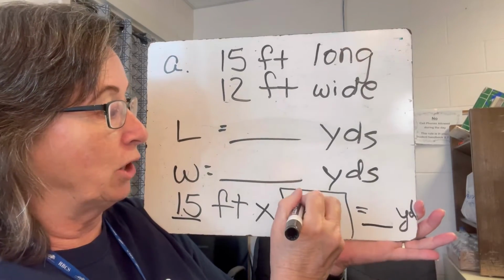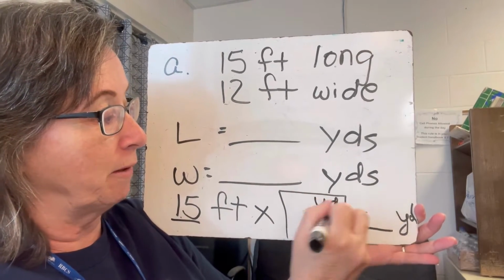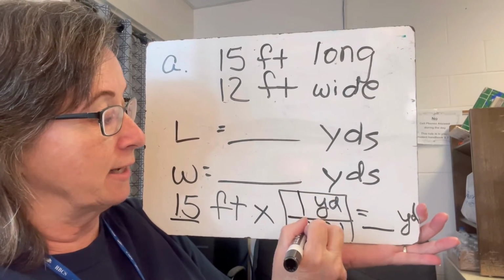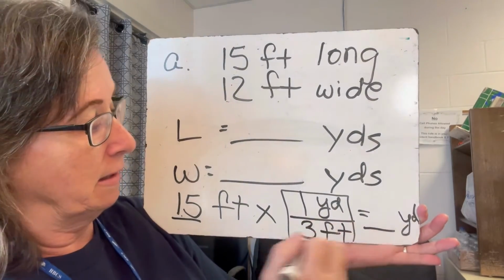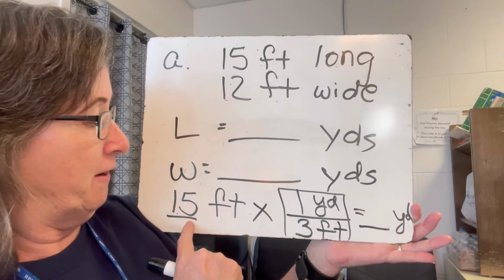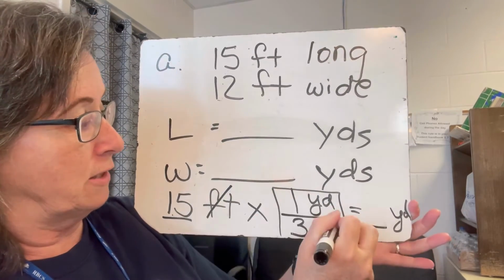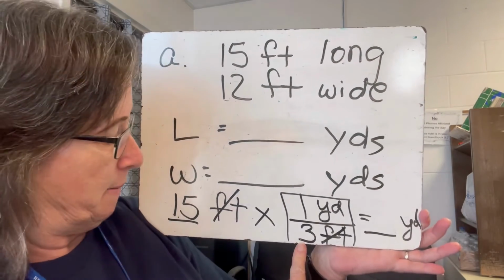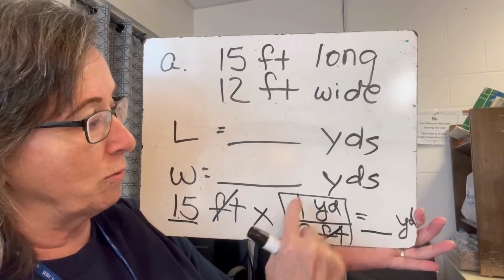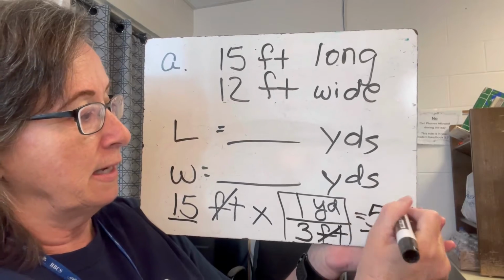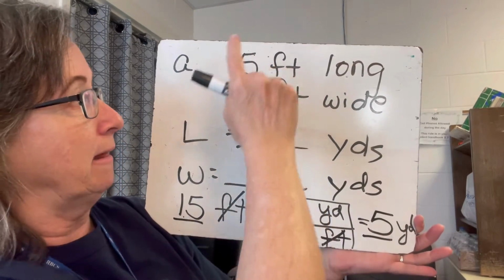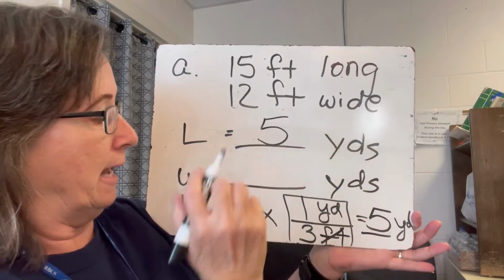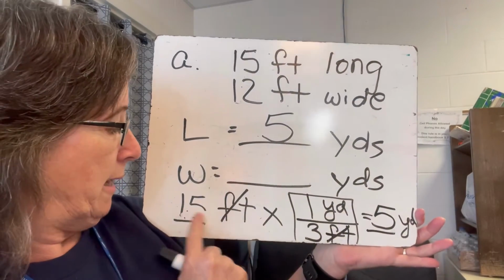So I'm going to put yards on the top. I'm going to put feet on the bottom. And I'm going to have 1 yard is 3 feet. Okay, so 15 feet cancels feet. 15 divided by 3, because it's on the bottom, is 5 times 1 is 5 yards. So that was the length. Length is 5 yards.